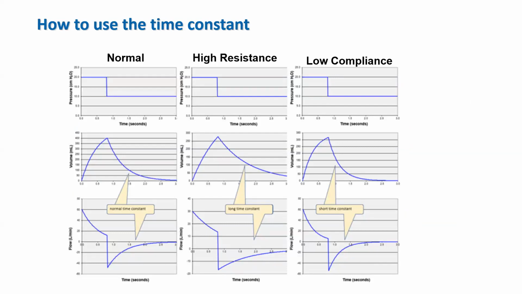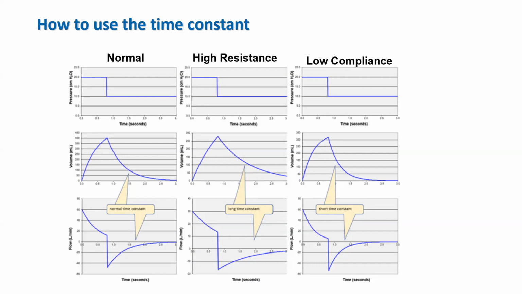So here again is a complete set of waveforms. This is in pressure control mode. As you can see, the top waveform is pressure, the middle waveform is volume, and the bottom waveform is flow. On the first, in the normal patient, you see a nice exponential curve going down and going all the way to zero flow. In the middle, we have a high resistance.